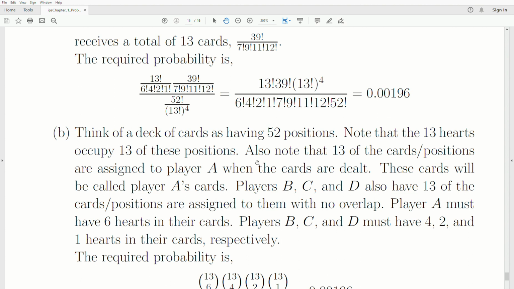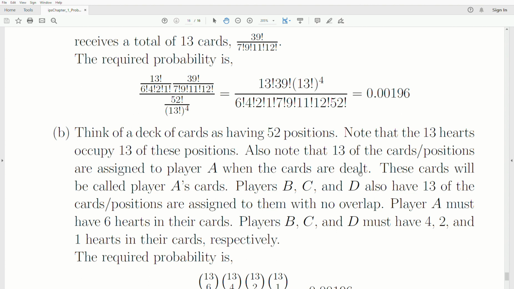Now note that the 13 hearts occupy 13 of these positions. Also note that 13 of the cards or positions are assigned to player A when the cards are dealt.